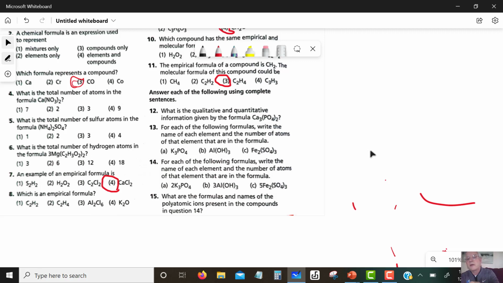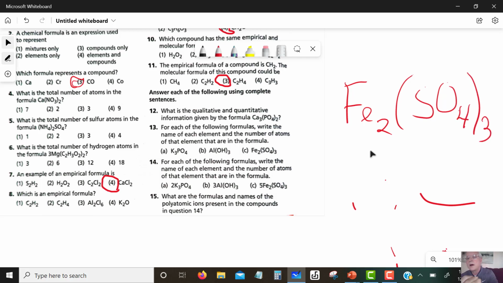So 13C, let me write that out over here. Fe2(SO4) taken 3 times.